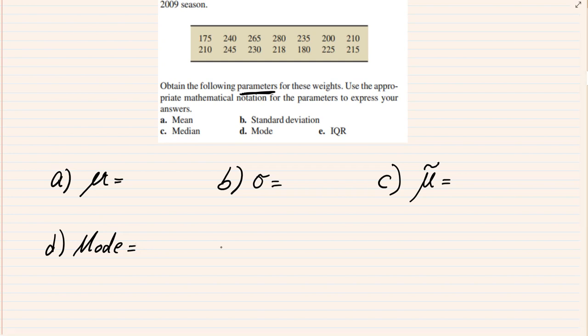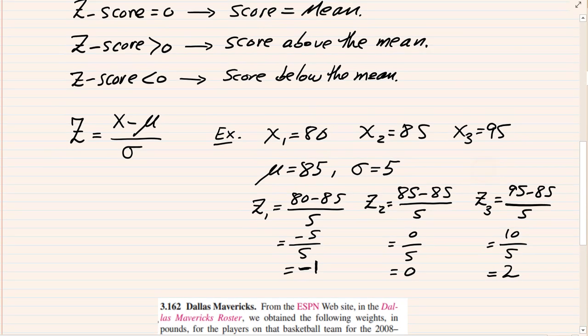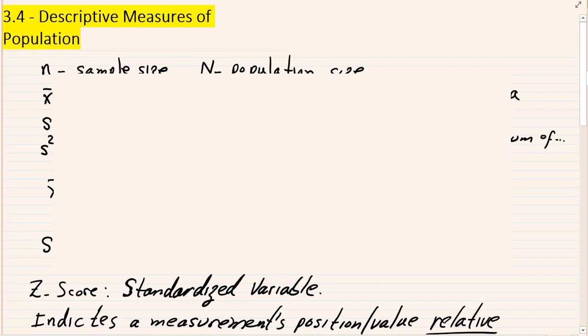And finally for IQR, now these are population information, right? The only formula that's sensitive to population, and we had to adjust it for the population parameter, was the formula, look up here, for standard deviation and the variance.